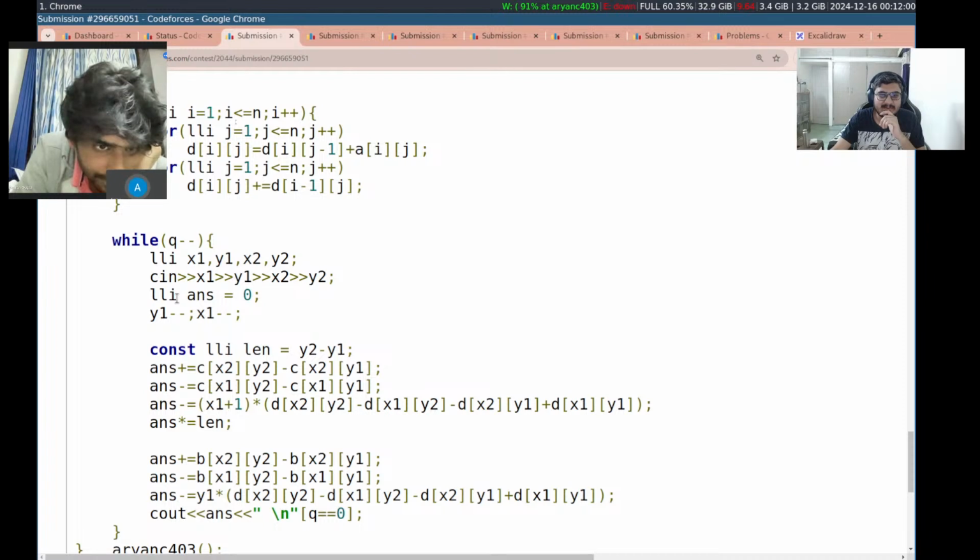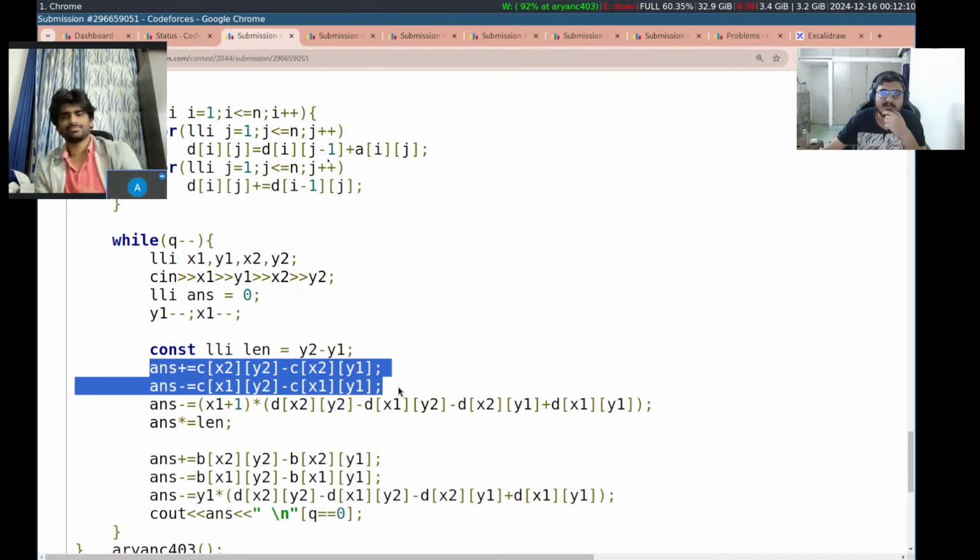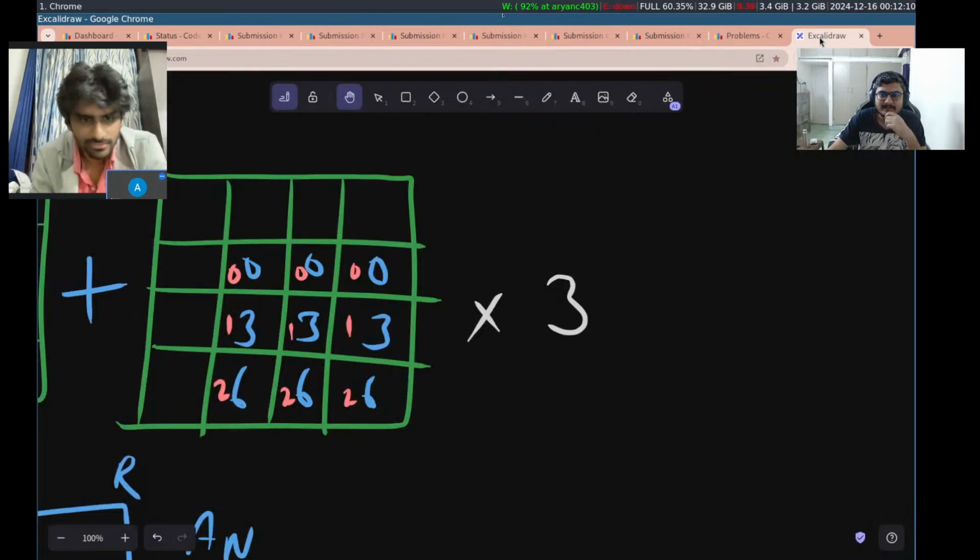Now we have x and y. So this part calculates each value multiplied by 0 1 2, 0 1 2. First I am calculating this part over here, where each column is shifted by some value, and you have to find it between some ranges, multiplied by the number of columns you have.